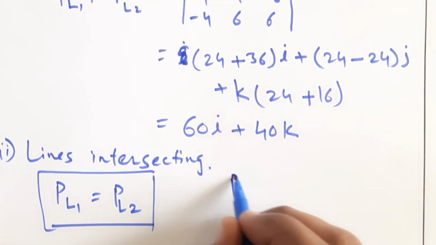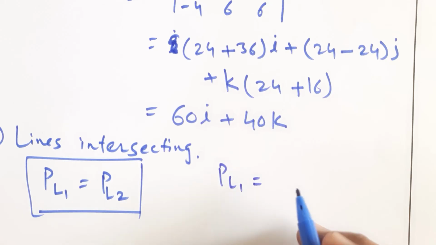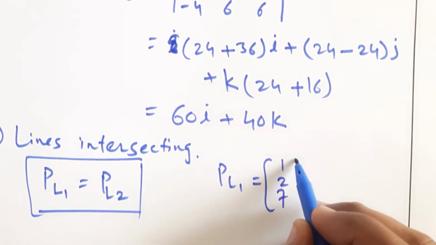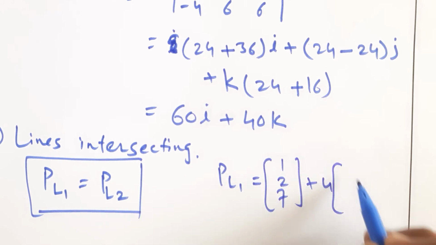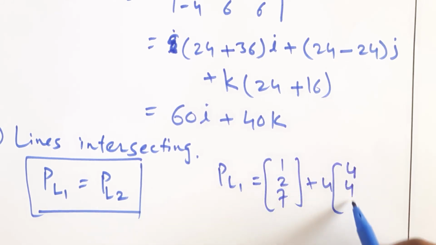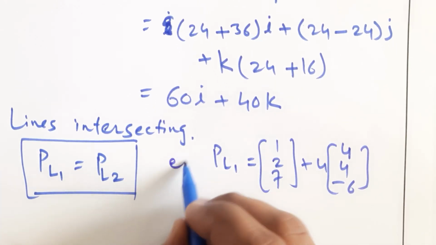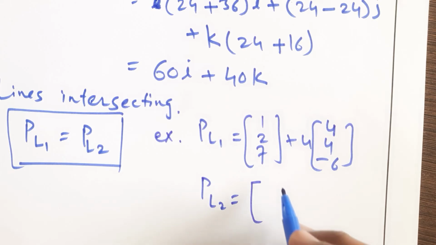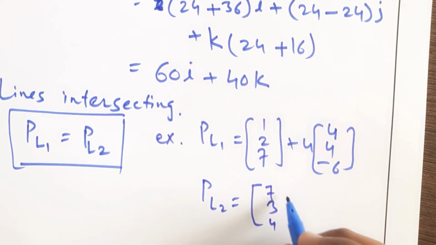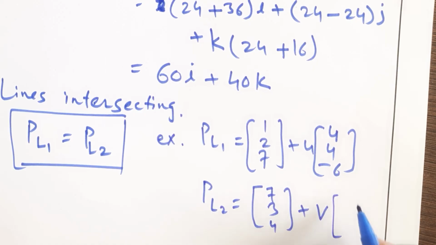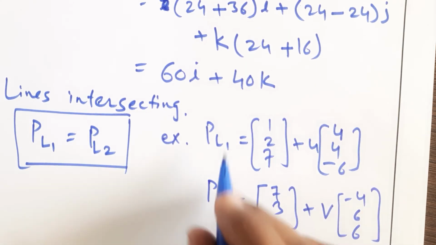Now let us assume PL1, the parametric equation of line 1, is given by 1, 2, 7 plus u times 4, 4, minus 6. PL2 is 7, 3, 4 plus v, now instead of u the second parameter is v, times minus 4, 6, 6. These are the two lines.